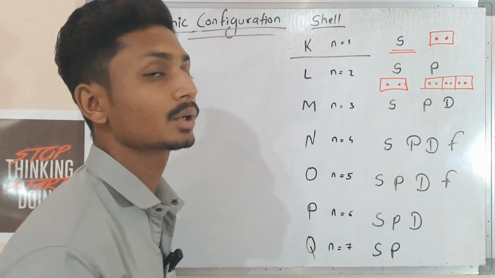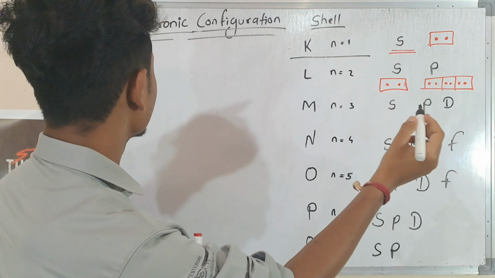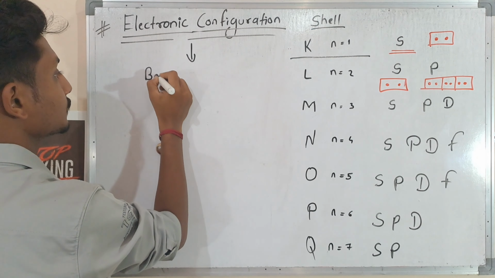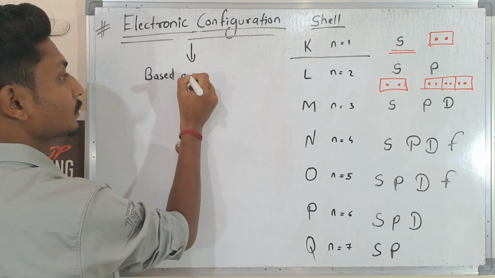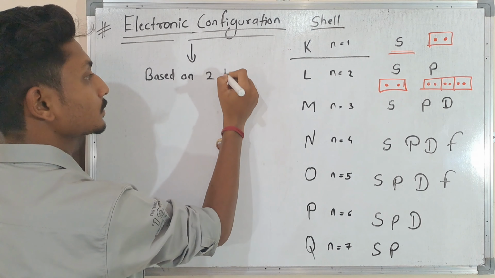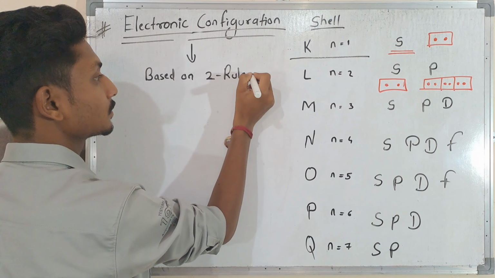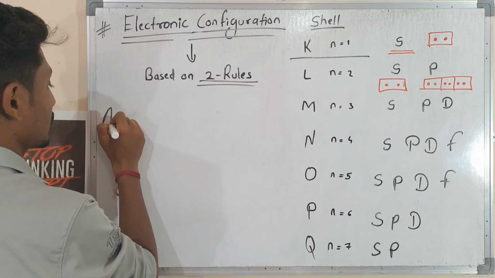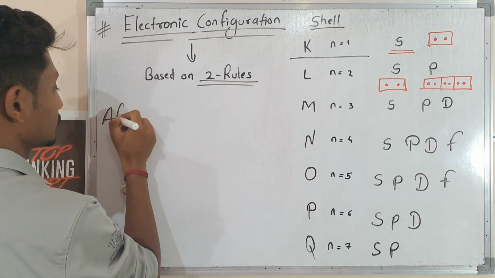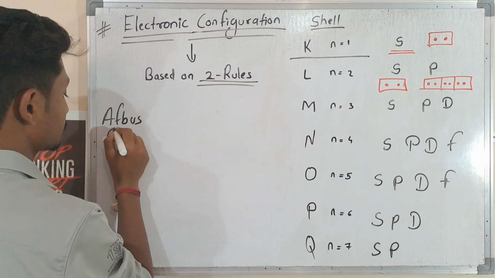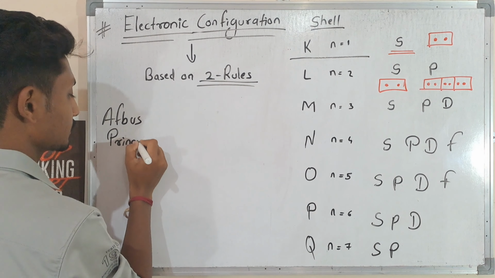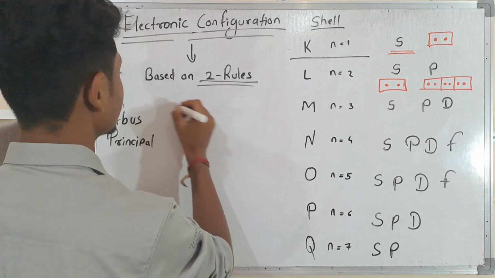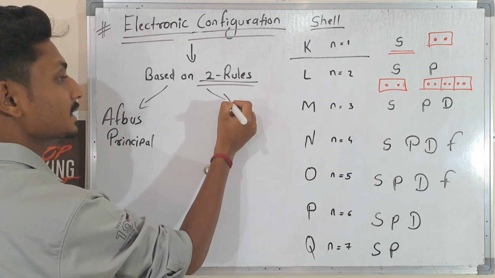Before starting electronic configuration, you have to know that it is based on two rules. First, Aufbau principle, and second, Hund's rule.